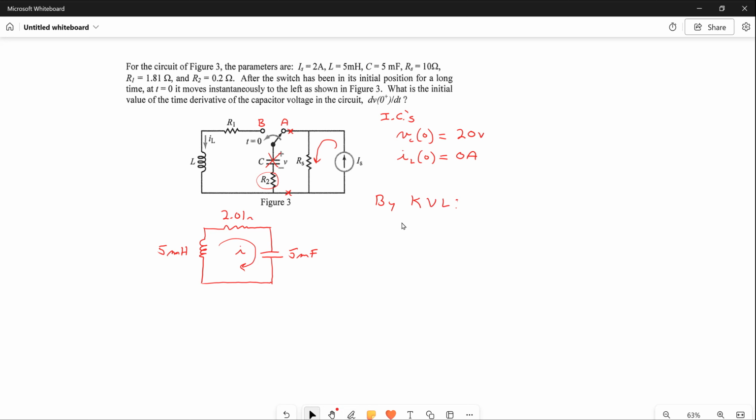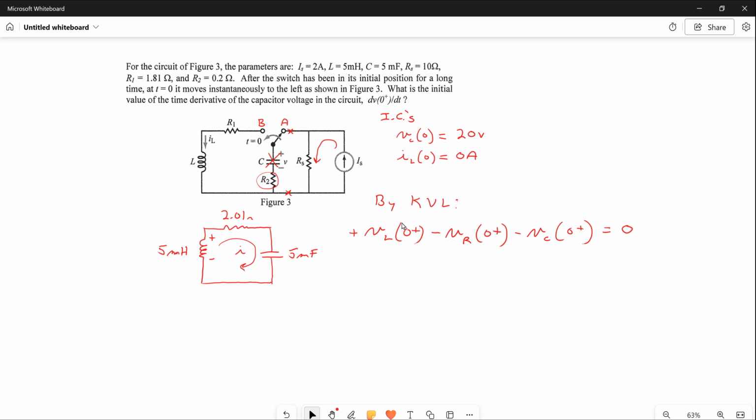Notice that we have VL of 0 plus, minus VR of 0 plus, minus VC of 0 plus, equals 0, as we go around that loop in a clockwise direction.